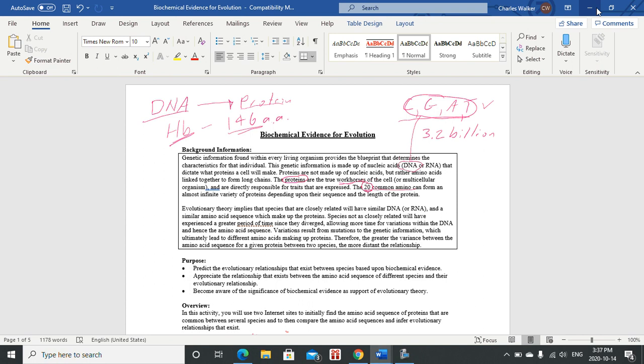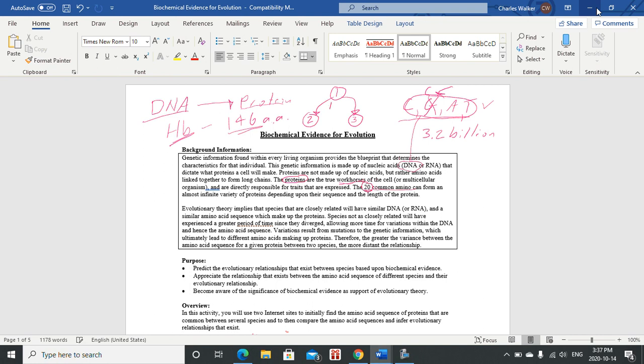But what happens if we start with this species number 1, and then those populations become separated and we have two other populations, then changes start to take place to the genetic code over time. And this is referred to as mutations. So as more time has gone on, there are more chances that maybe this G could have been changed to a C or one of the other 3 different bases.